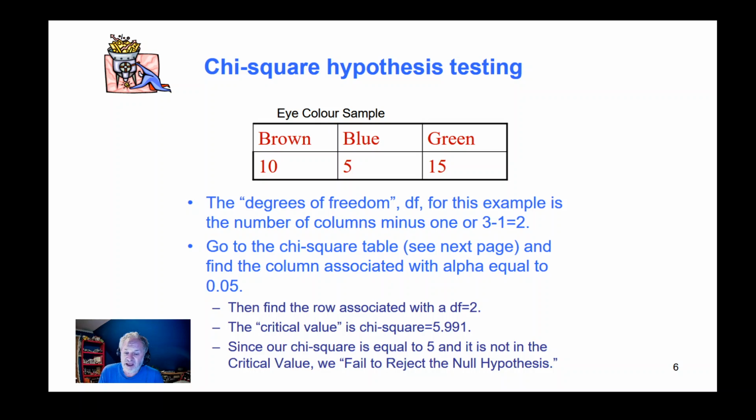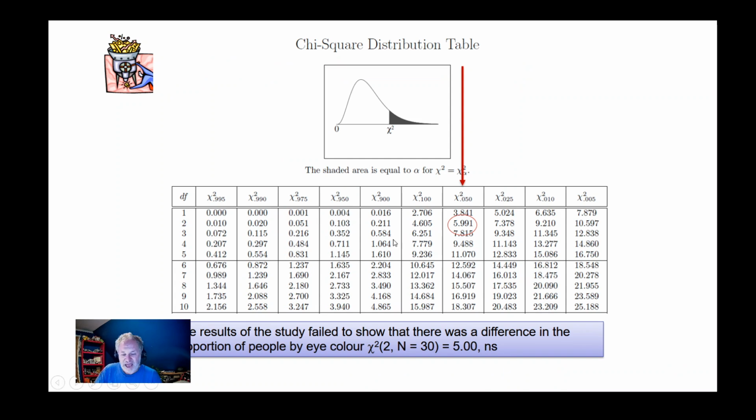I have to find my chi-square critical, right? We're going to use an alpha equal to 0.05. So I want to see whether my chi-square observed of 5.00 is in the top 5% if the null hypothesis were true, right? So if the null hypothesis were true, is the sample that I got in the top 5% of possible samples that you could get? So I have to go to my table. And in my table, I go to the column under the red arrow, which is for the top cutoff for the top 5%.